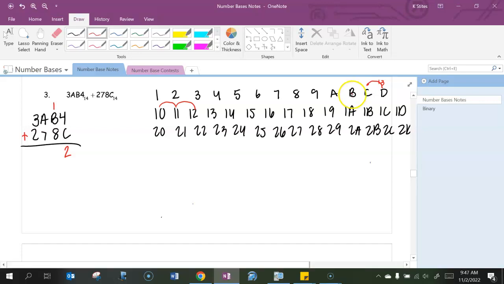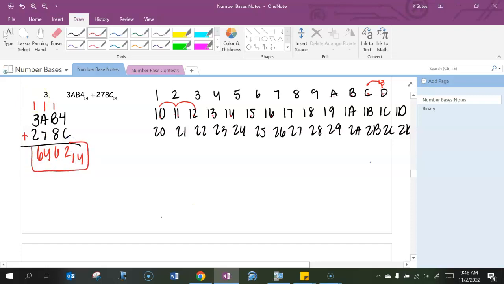So B, 1, 2, 3, 4, 5, 6, 7, 8, 9. That brings me to 1, 6. A plus 7 plus 1, A plus 8. So A, 1, 2, 3, 4, 5, 6, 7, 8. That's 1, 4. And then finally 3 plus 2 plus 1, that's just 6. And in base 14, this is your answer.